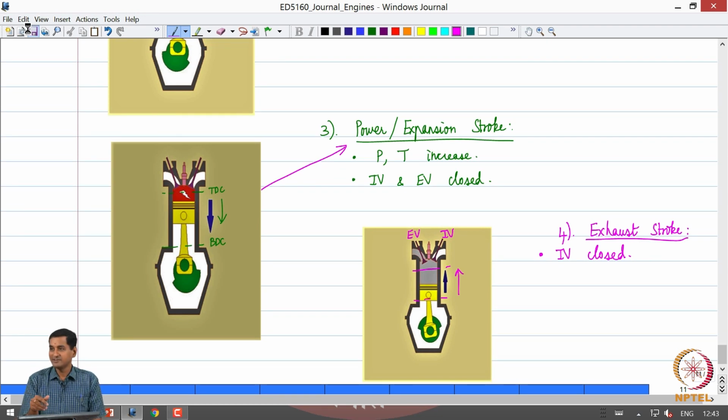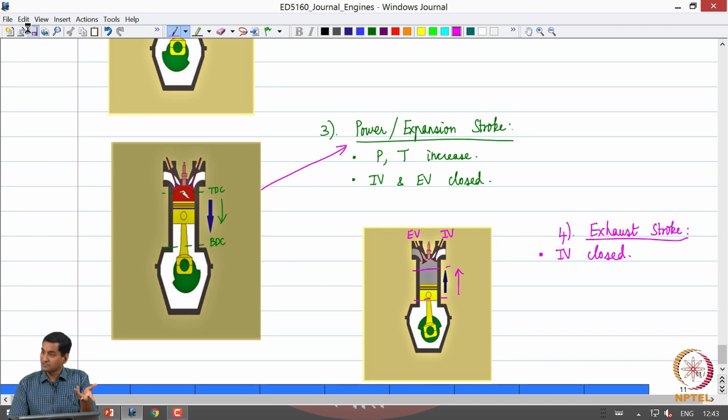We will look at that when we do the analysis. Even if you have a single cylinder engine, that is what happens. Your perspective is a multi-cylinder engine, but I will slightly reorient it, because even in a single cylinder engine, the suction, compression and exhaust strokes have to be sustained.